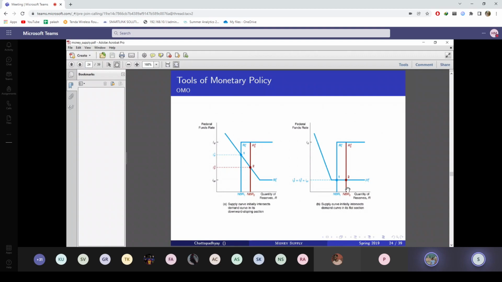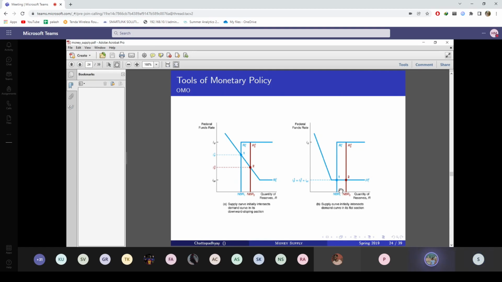Yes sir. Open market operation has taken place, reserves rise, but in the situation explained in panel B, there is no change in interest rate. What is the implication? In panel A, the implication I stated is rising money supply. What is the implication here? Sir, only the reserves rise.